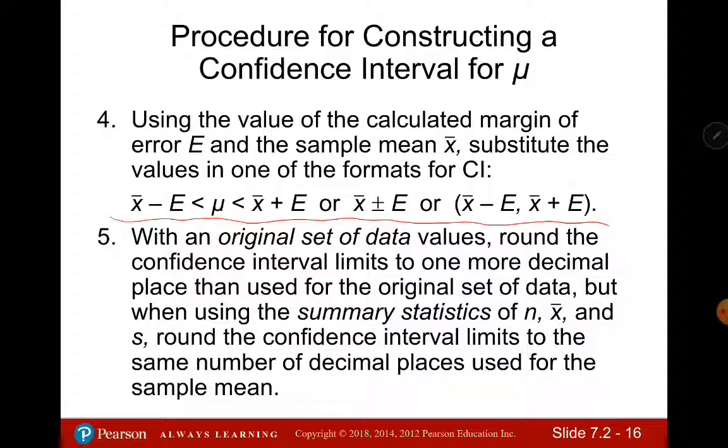So x bar minus E, x bar plus E. But the E is not the same thing as the E in last section. It has the new formula, right? So round to the same number of decimal places as the sample mean. That's one more decimal place than the original data.